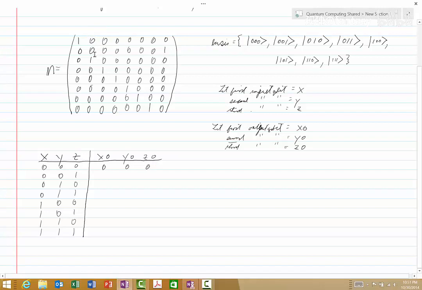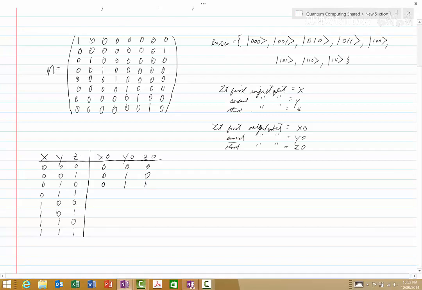And notice that this second column corresponds to the vector that we associate with the 0, 1, 0 state. So 0, 1, 0 is our output here in the second row. And similarly, here for the third column, this is the image of 0, 1, 0, and this vector corresponds to 0, 1, 1.